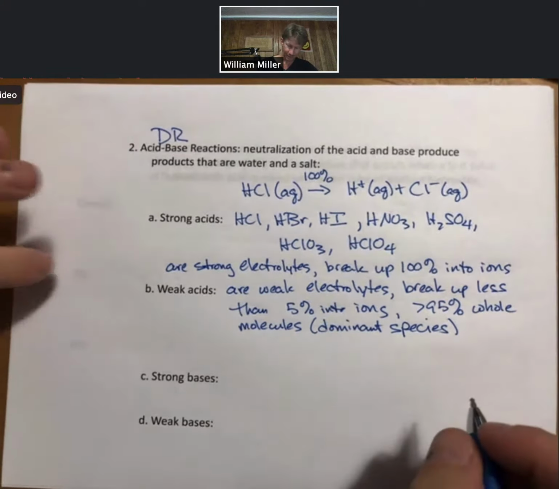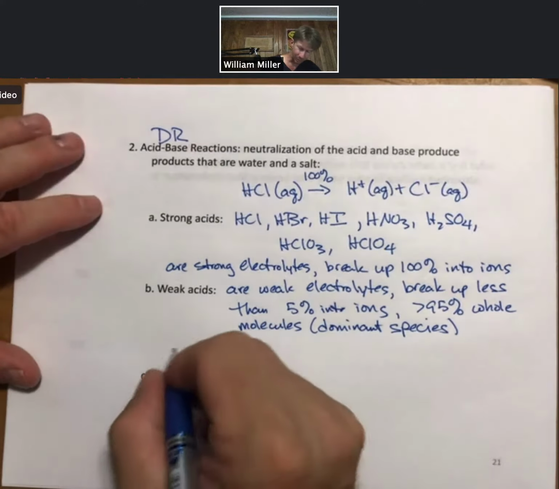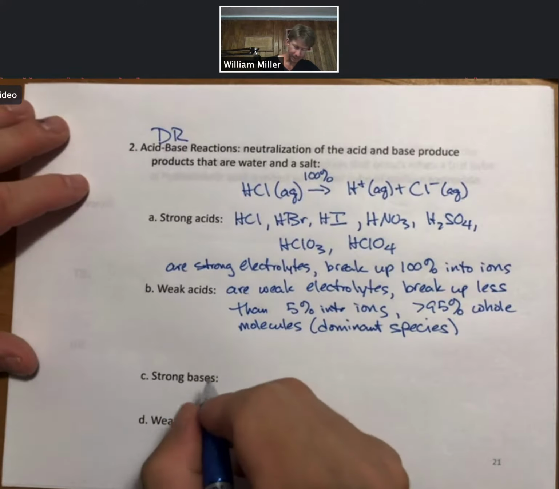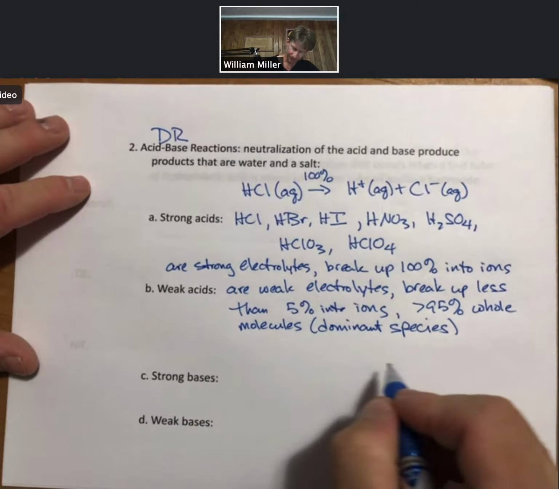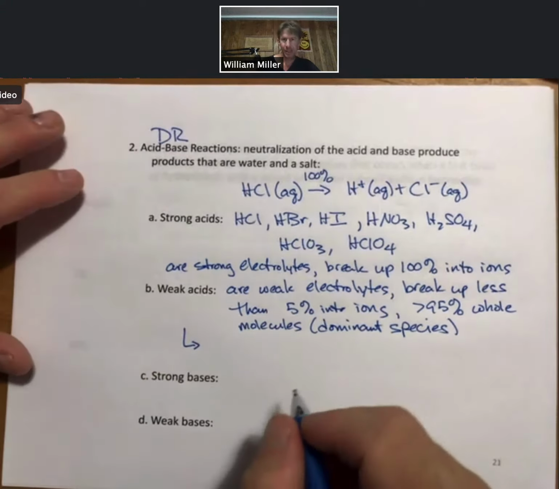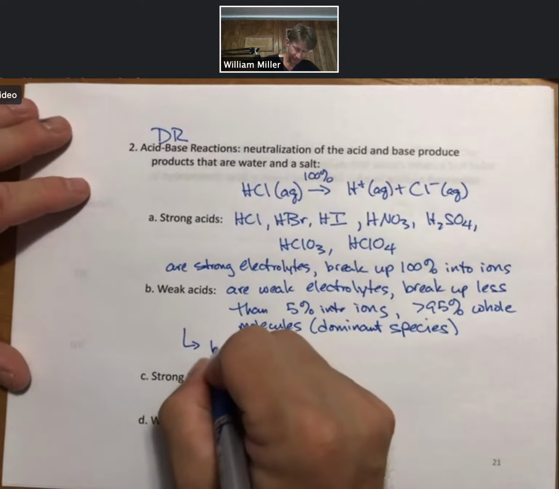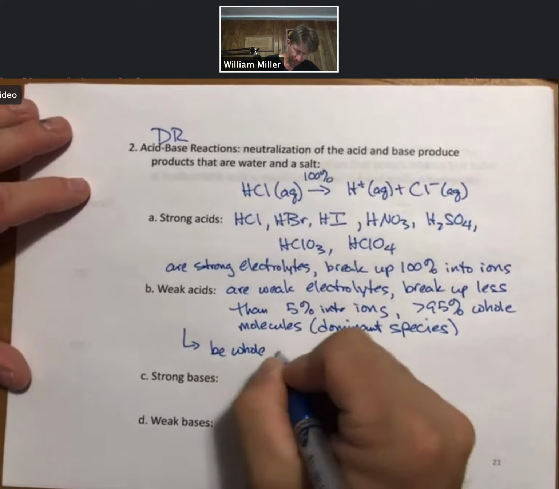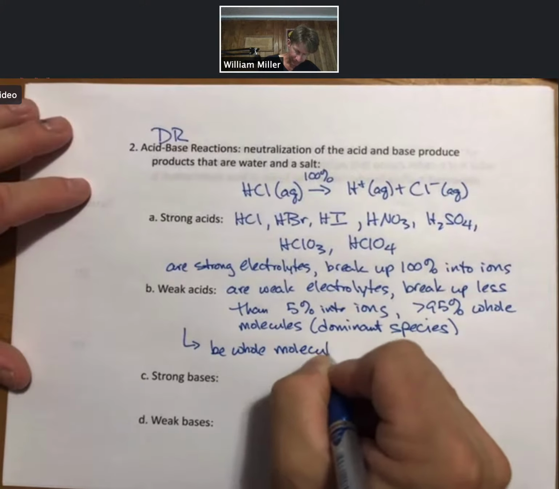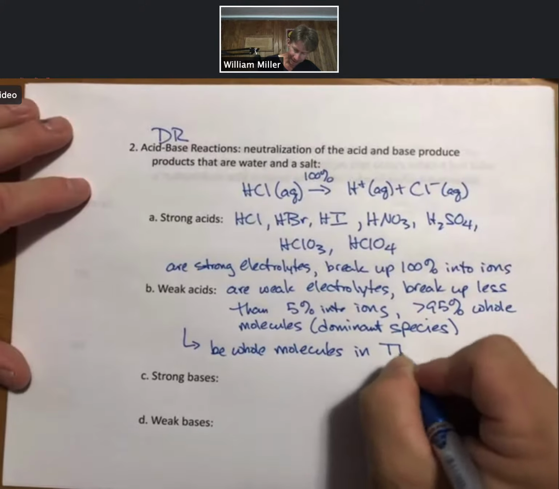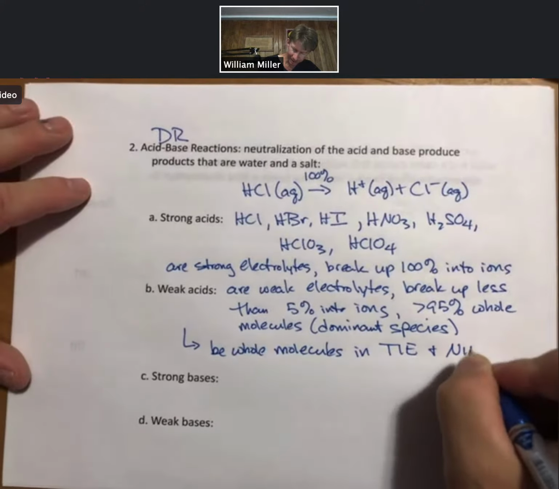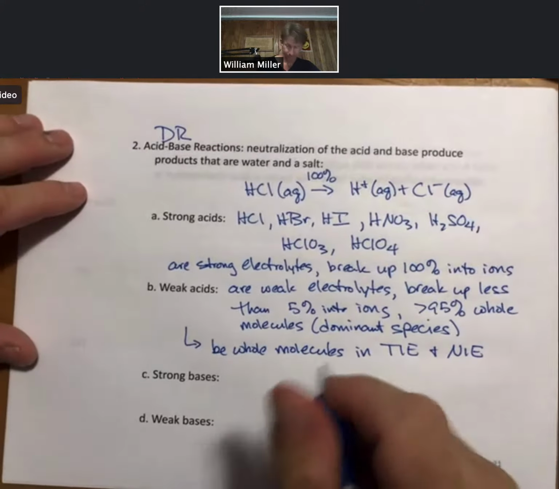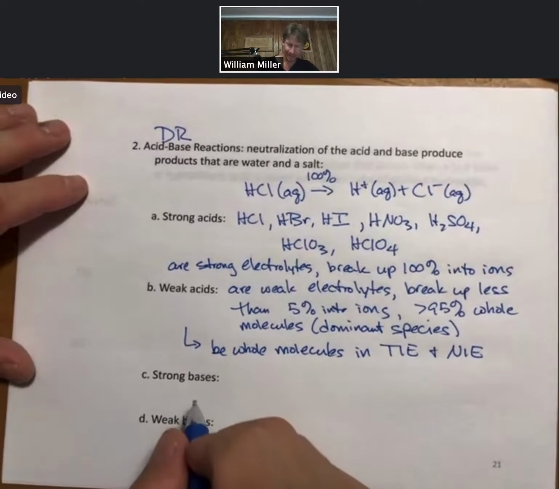Okay, so weak acids are going to be whole molecules in TIE and NIE. All right, strong bases.